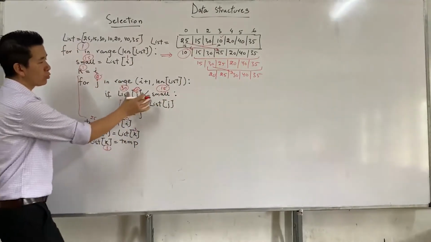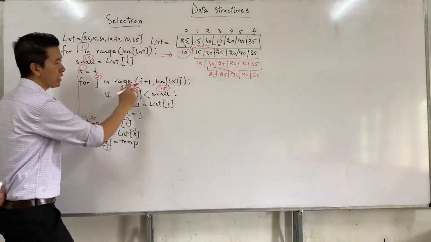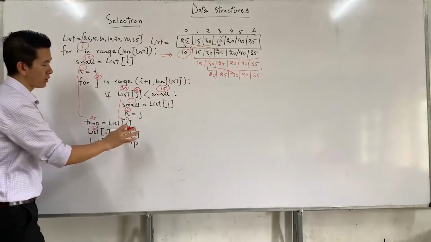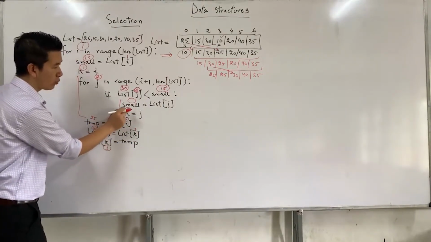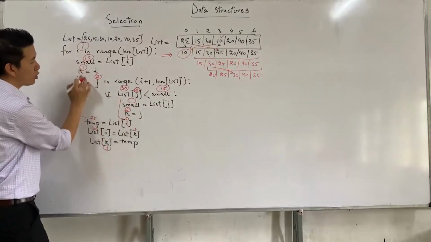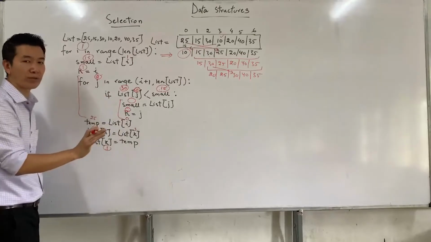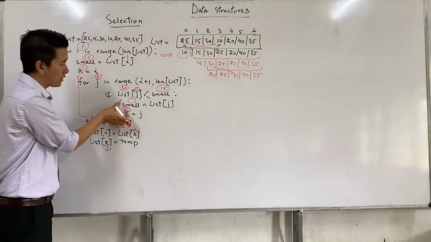Again do the comparison. Is 30 less than 15? The condition is false. So both the statements will be skipped, and you will still have the value of small as 15 and the value of k as 1. There won't be any changes as such.